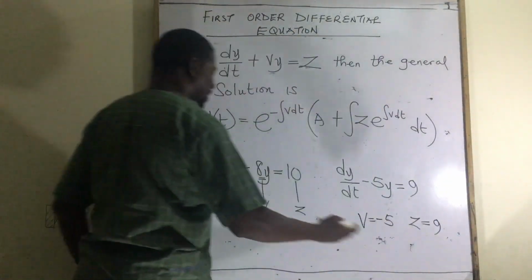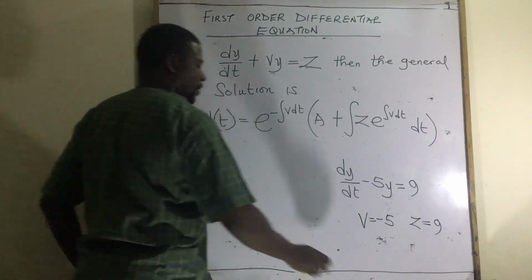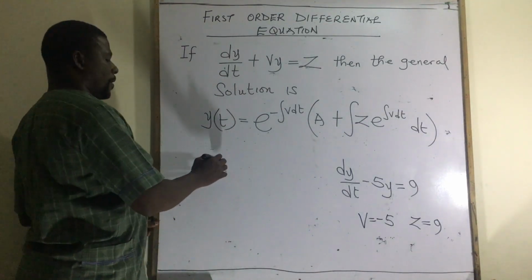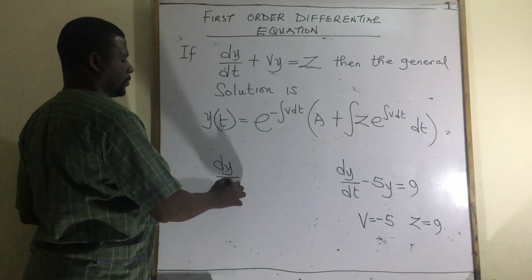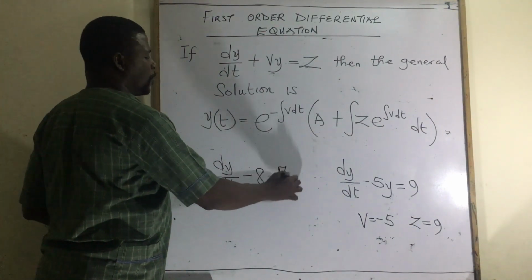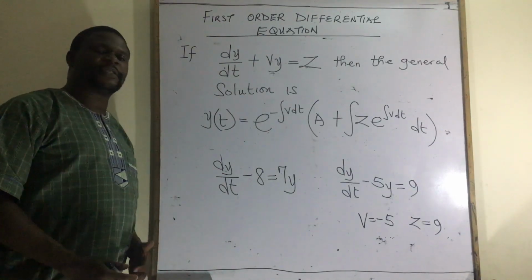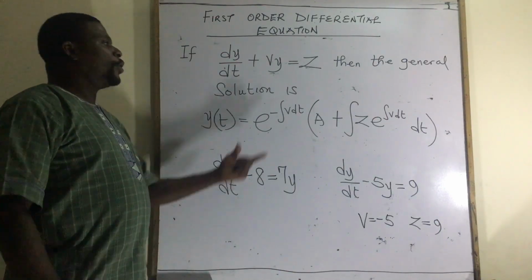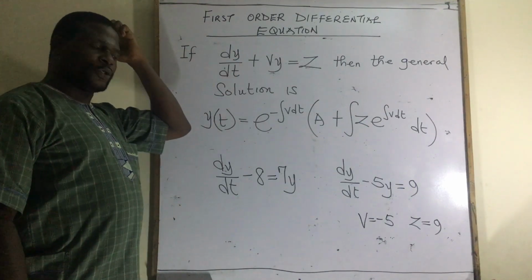Now, what if I have something like dy/dt minus 8 equals 7y? I need to rearrange it to be in the form of a first order differential equation.